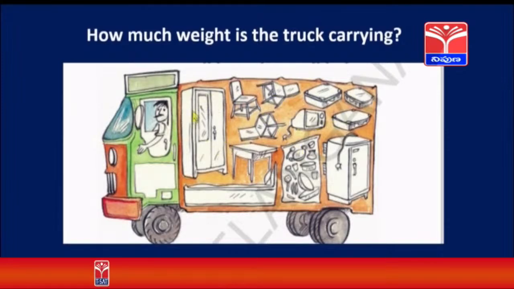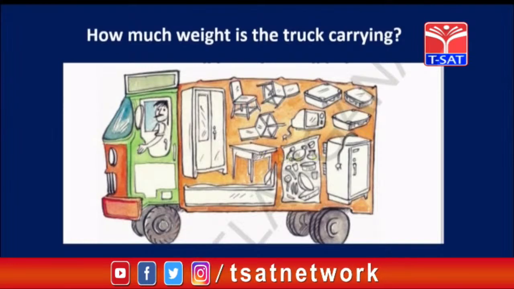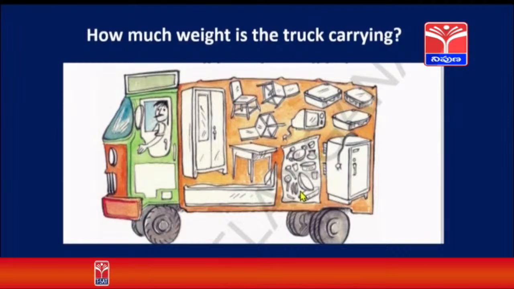Children, here you can see various household items. This is an almirah, a refrigerator, chairs, suitcases, television, a table and some kitchen utensils. They are packed in a sack. Now let us see these objects and their weights in detail.